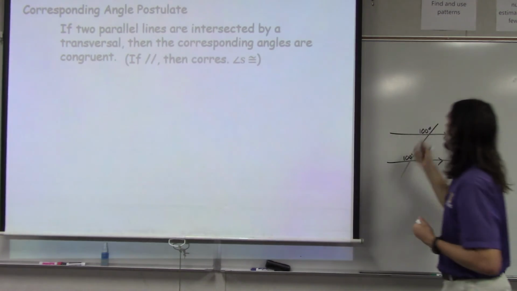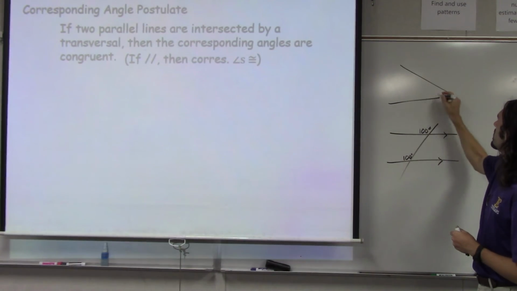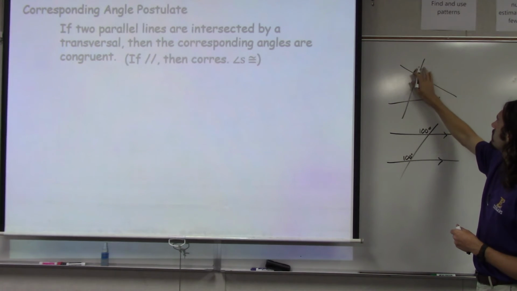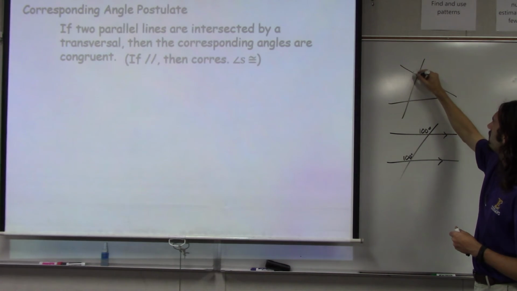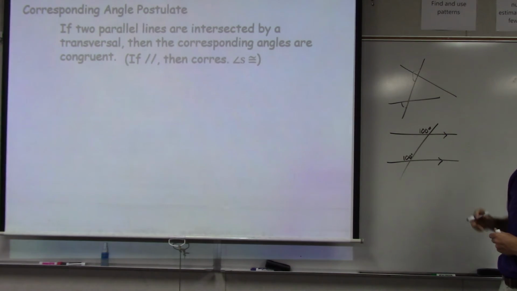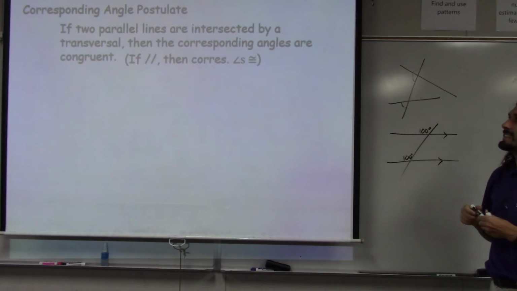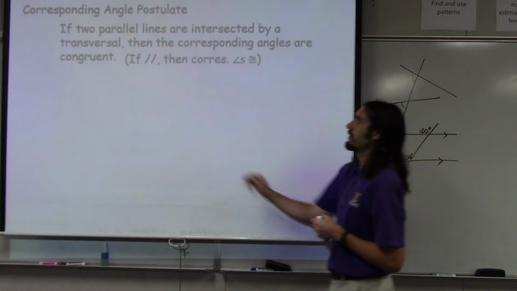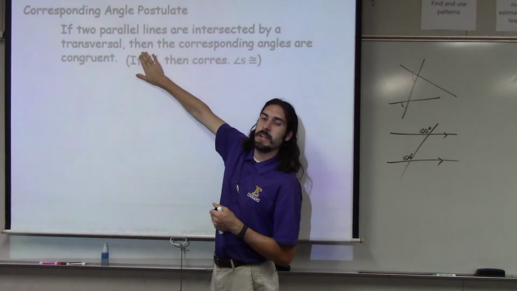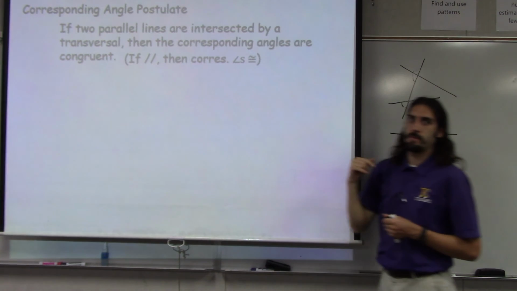I can draw a pair of non-parallel lines right here, draw a transversal. These two angles definitely are not the same value, even though they're corresponding. So there's just this idea that you need the if parallel part. So if you try to only write this, corresponding angles congruent, you won't get credit for that. You need the whole statement, okay?